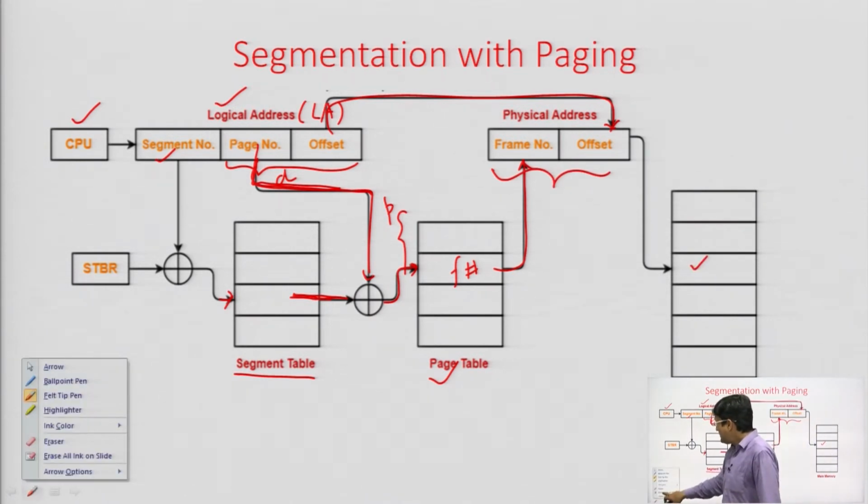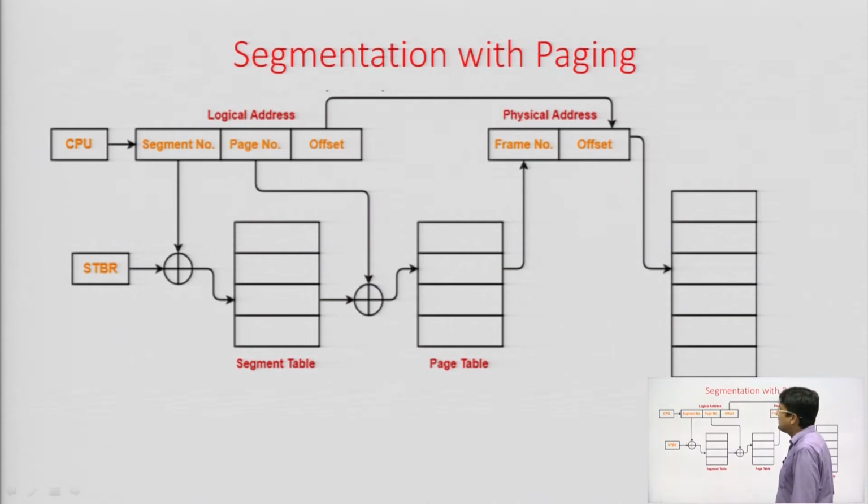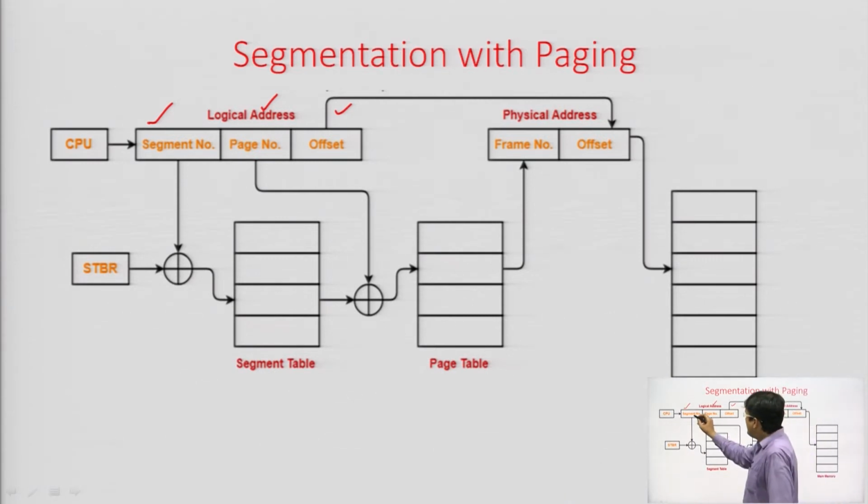I will explain it once again to make it better understood. The logical address contains three parts: segment number, page number and offset. The segment number means you have the address of the segment. You have to find the place where the segment table is, and then locate the given segment number there. You find the appropriate entry in the segment table.